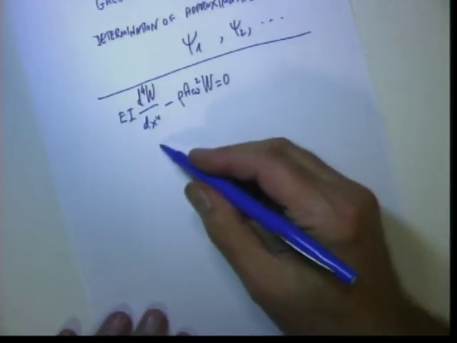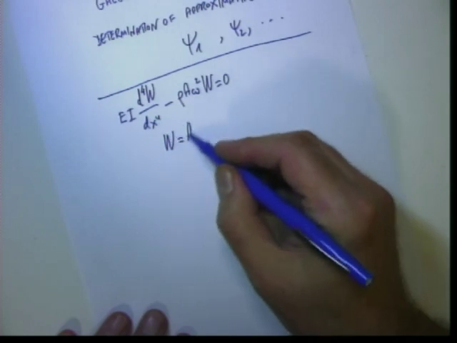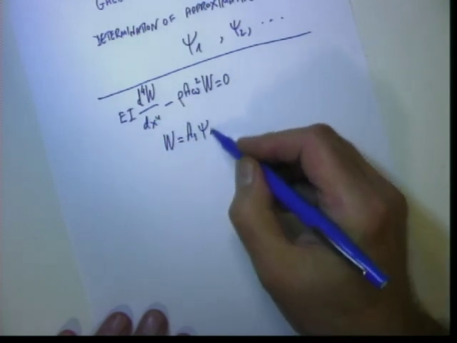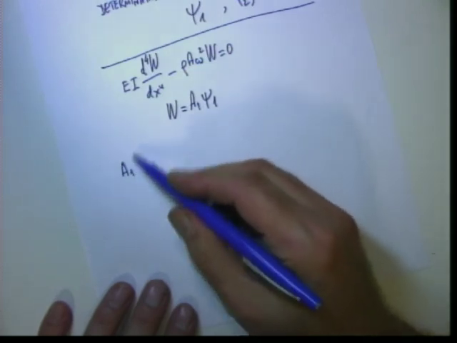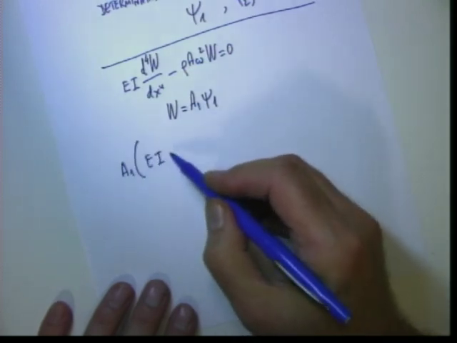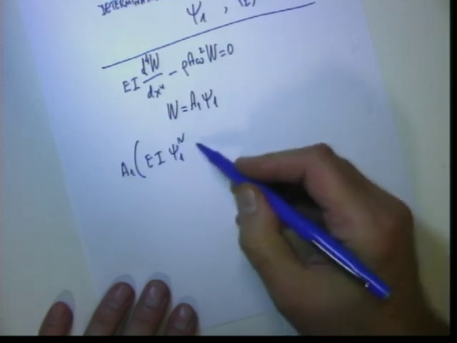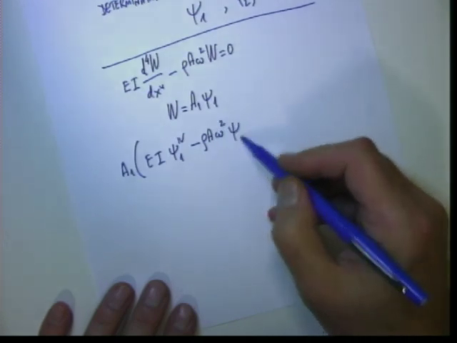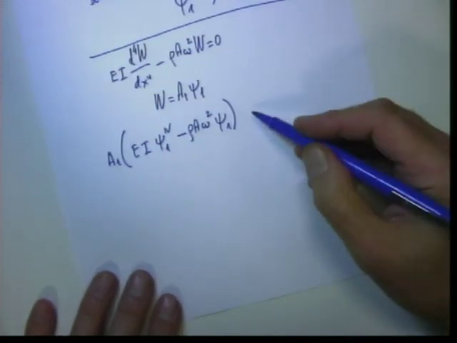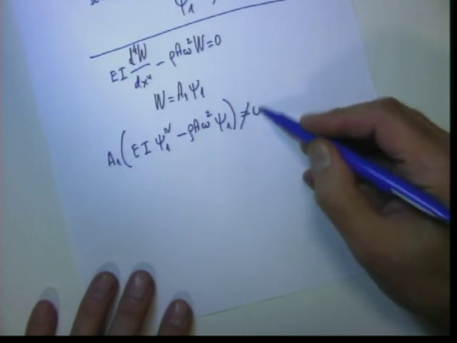Instead of w, if I'm talking about a one-term approximation, I substitute a1 psi1. Then I get a1 times EI fourth derivative of psi1 minus rho A omega square psi1, and this expression is not 0 usually.